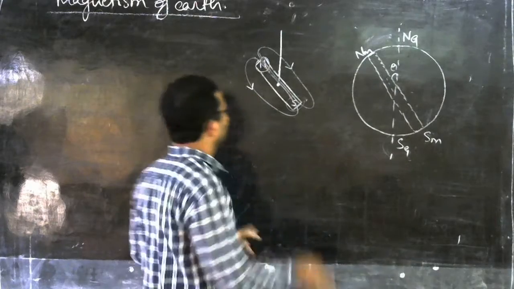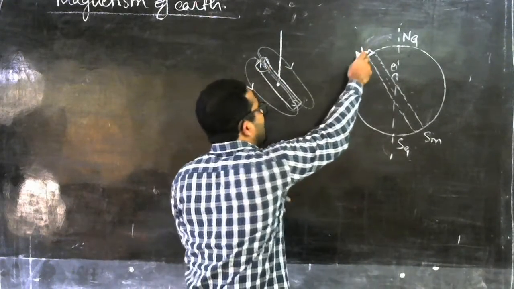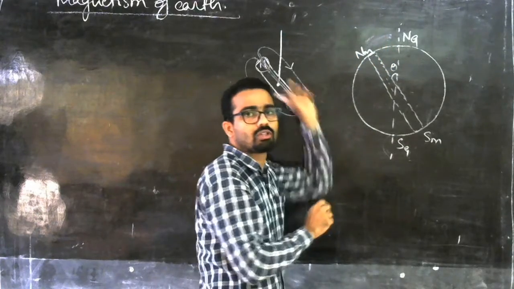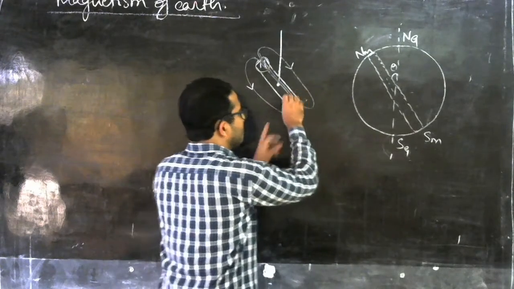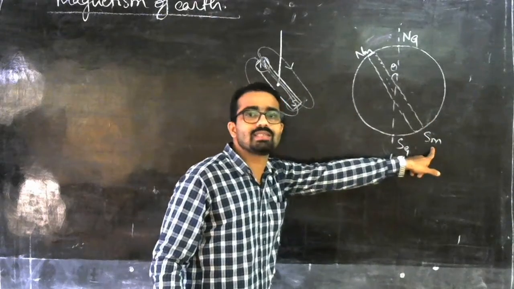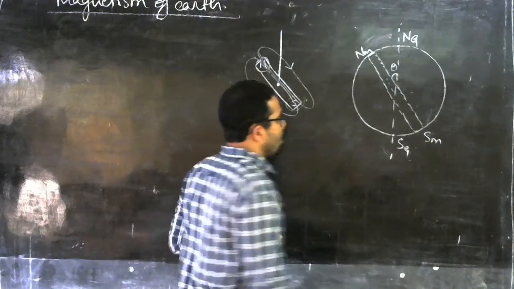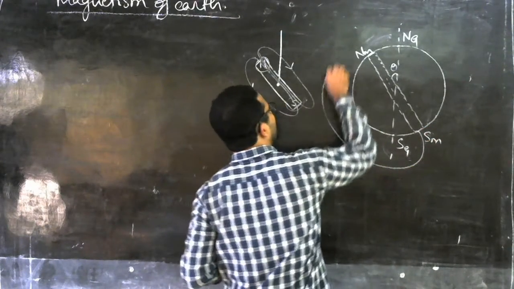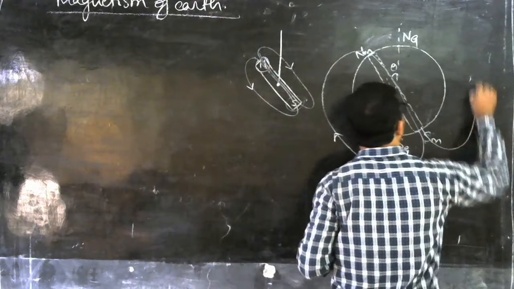That is why this north pole aligns in the direction of the north magnetic pole, which is acting as a south pole for it. And the south pole is aligned in the direction of the south magnetic pole, which acts as a north pole for it. So that is why the magnetic field lines of Earth's magnet are from south to north.